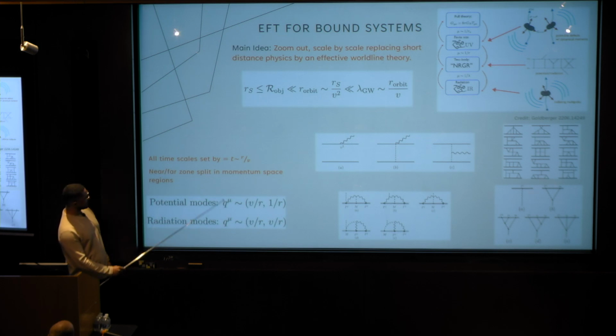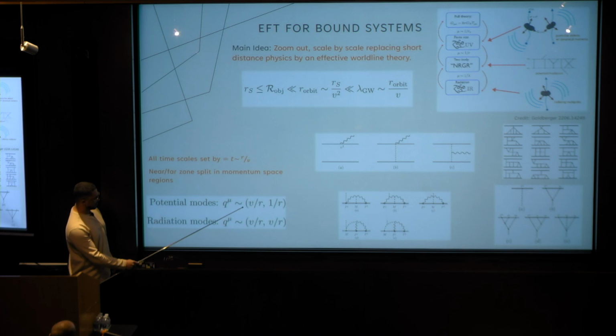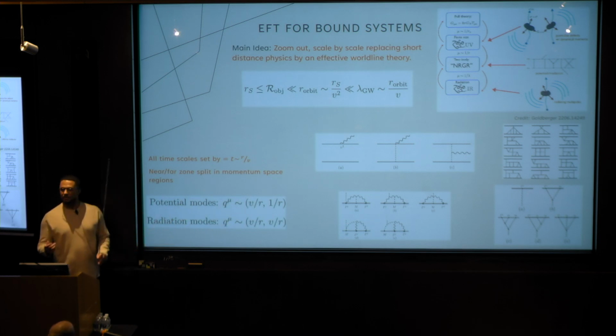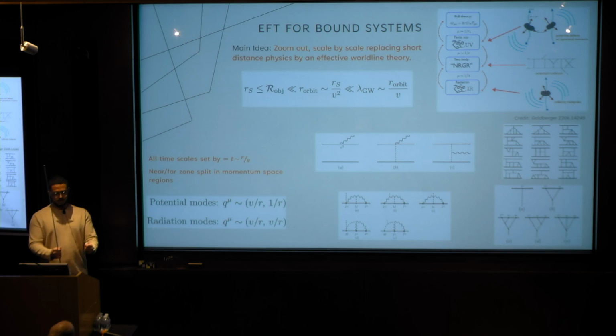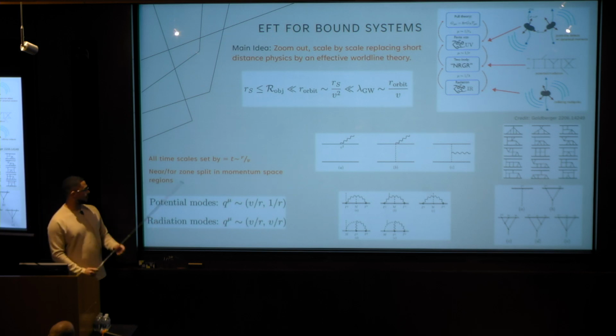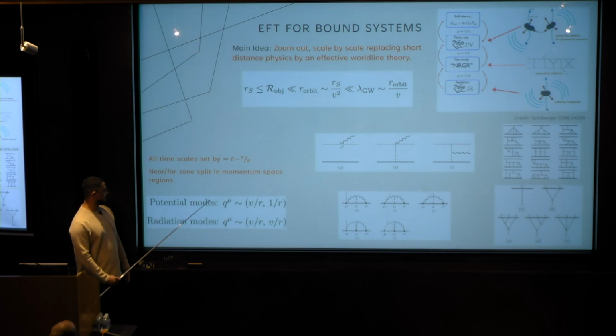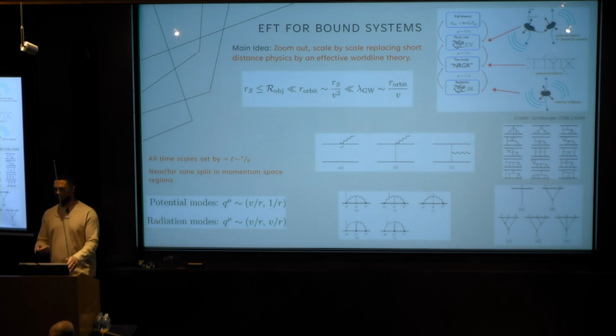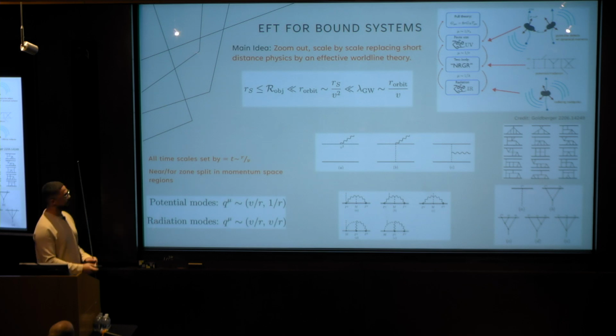So all of the time scales are set by the orbital period, but the length scales are different for the two. This is something I'd already mentioned. And so the so-called potential modes, the modes of the gravitational field which contribute to the binding energy, these have a particular scaling in momentum space. The radiation modes have a different scaling, and that lets you cleanly separate out the two effects when you're computing loop diagrams.